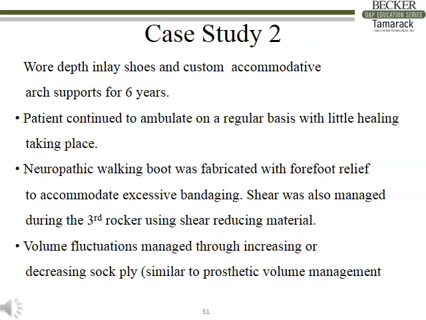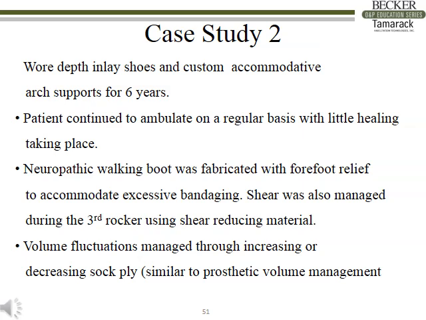To summarize case study number 2. The ulceration remained unhealed for 6 years with continued ambulation using depth inlay shoes and custom accommodative arch supports. A neuropathic walking boot was provided which relieved compression and shear loading in the forefoot area and was designed to accommodate excessive bandaging.